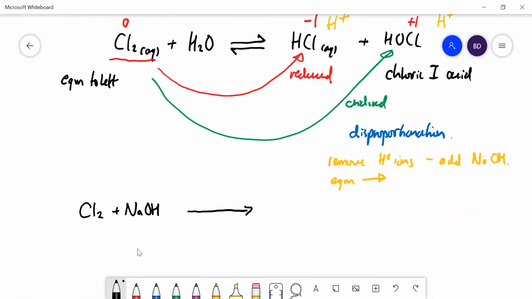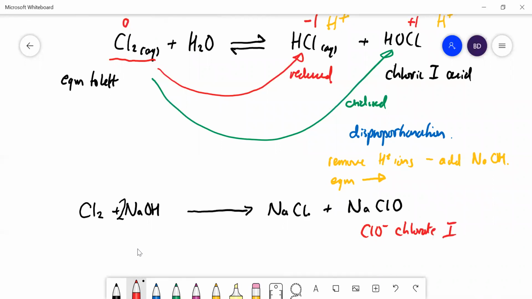I think you're going to need 2 there. And you will get sodium chloride, and you'll get sodium chlorate(I). So this is the chlorate(I) ion.